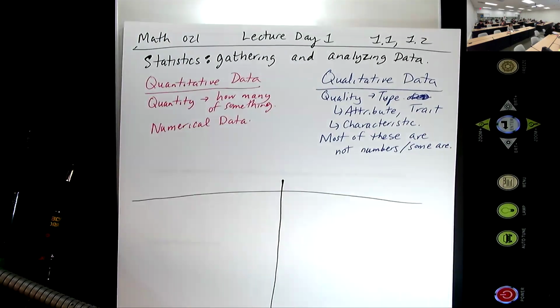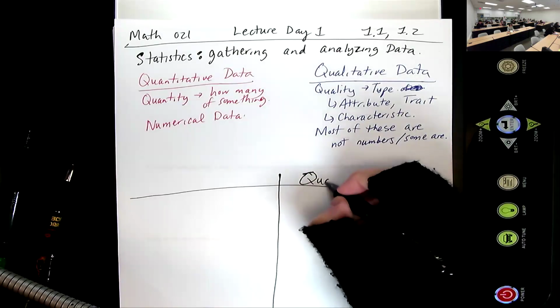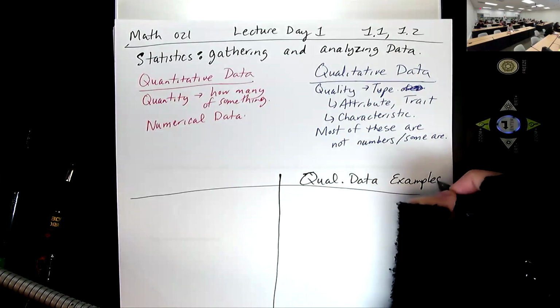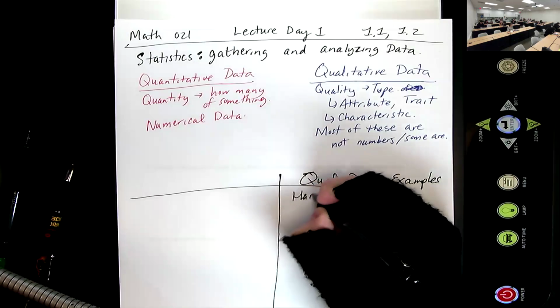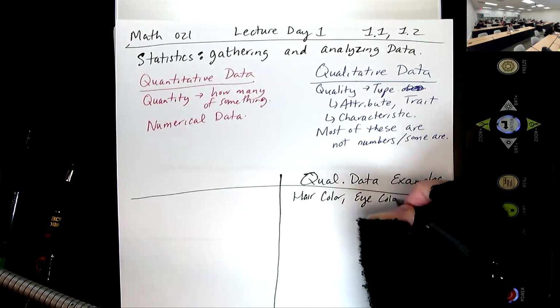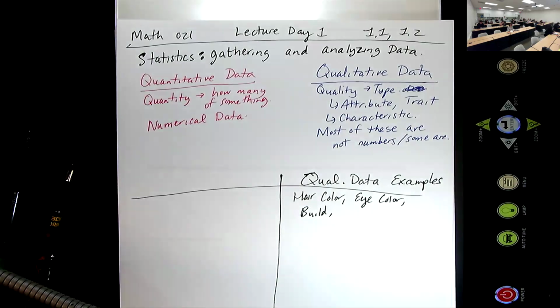It might be easier to start with qualitative, because I even said a couple. Qualitative data types, or examples, I'll say. Hair color. Eye color. Build, like what type of body frame you have. This is just talking about people, but a lot of statistics are about a wide range of things.